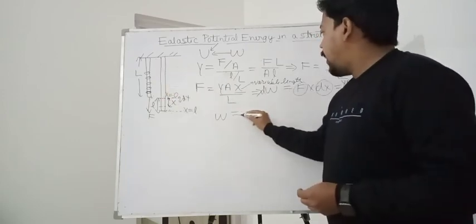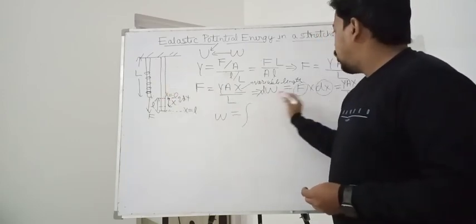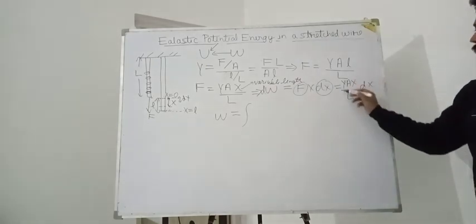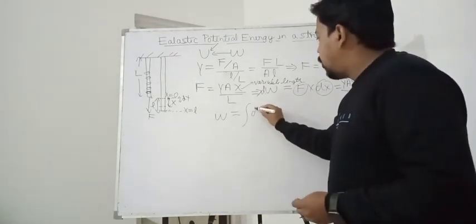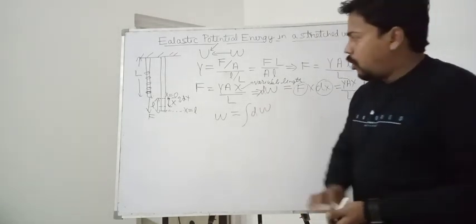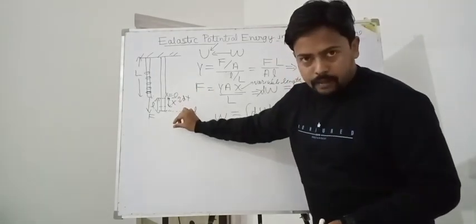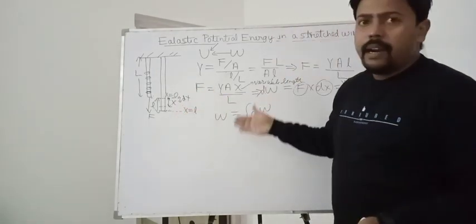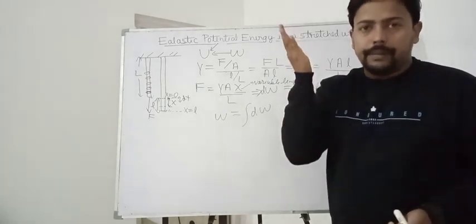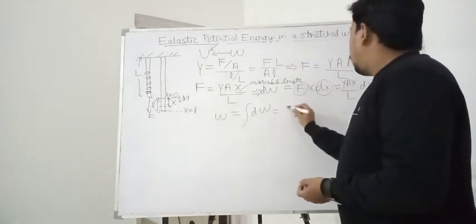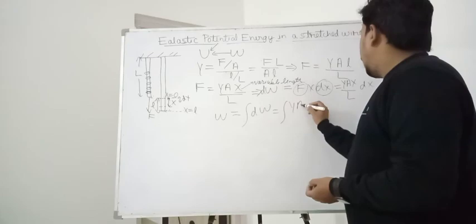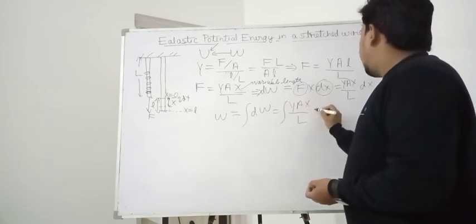That's why we apply integration, the integration of this small work done, since the small work done will be added like that. Integration simply means we are adding something in a continuous way. So from here we get gamma into A into x upon L into dx.